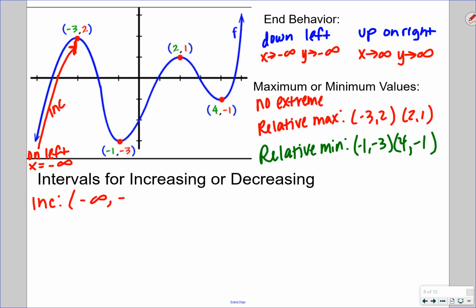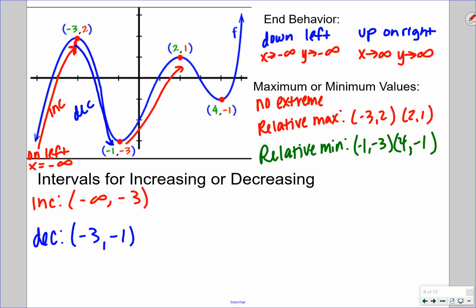That is when x is -3. At that point, I turn around and I start to go down, and we've again already done this. I start to go down from here to here. This is a decreasing interval. So from when x is -3 until when x is -1, I'm going down. My y values are getting smaller. I'm describing the y values in terms of the x's.